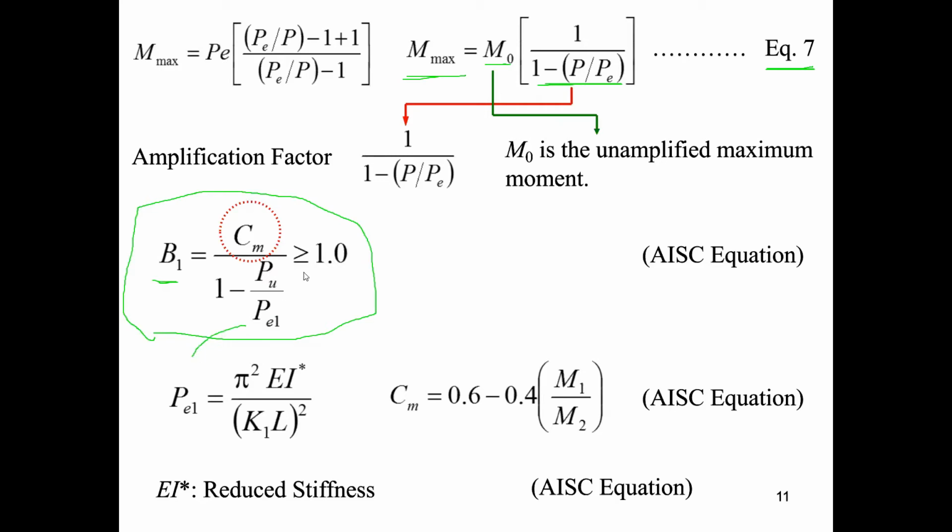B1 should always be greater than or equal to 1, where Pe1 equals pi squared EI star over (KL) squared. EI star is the reduced stiffness, and Cm equals 0.6 minus 0.4 times M1 over M2.